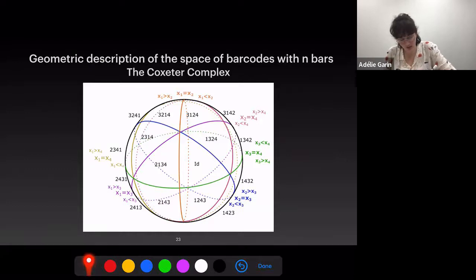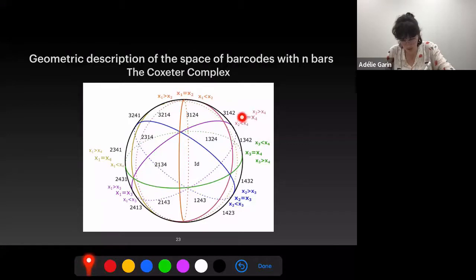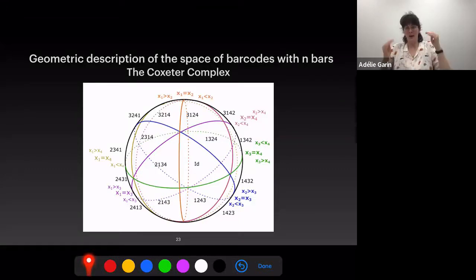So here, for instance, on the blue, you have x2 equals x3, so the second and third depth are equal on this stratum. And here you have x3 equals x4, x2 equals x3, and what's the last one? x2 equals x4. Is that the one I forgot to mention? Yeah, anyway. So this is what happens for the barcodes.